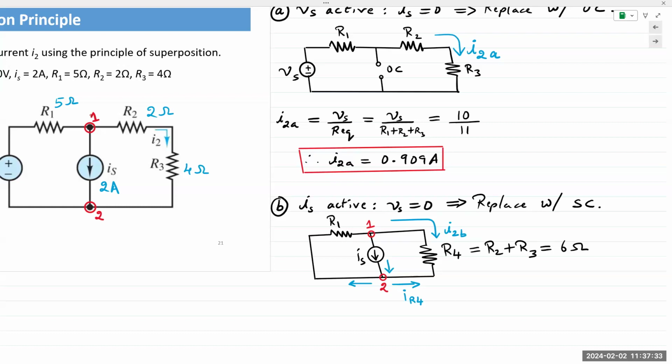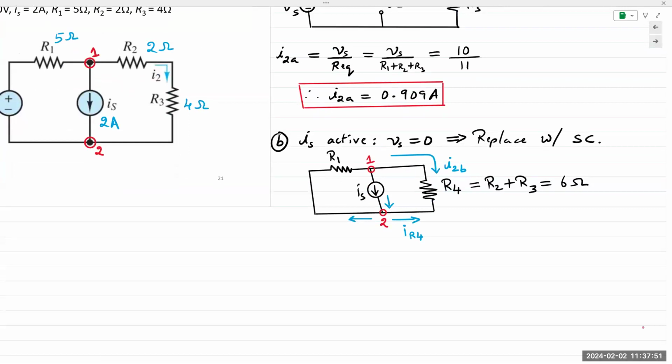We could apply Ohm's law, find the voltage between 1 and 2. And if you have the voltage between 1 and 2, we can find the current for both paths. Or if you want to skip that step, we apply current division. Okay. So let's do Ohm's law first, then I'll show current division. Essentially, both are the same.